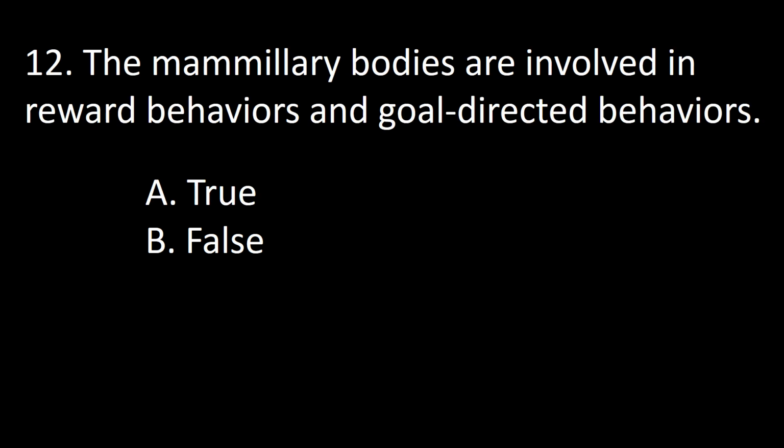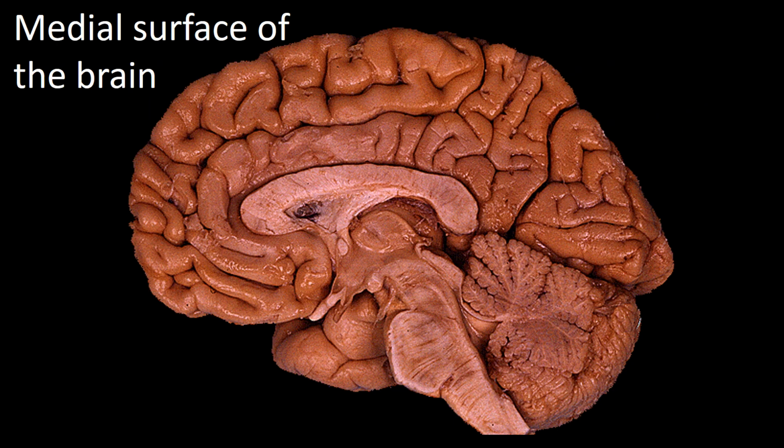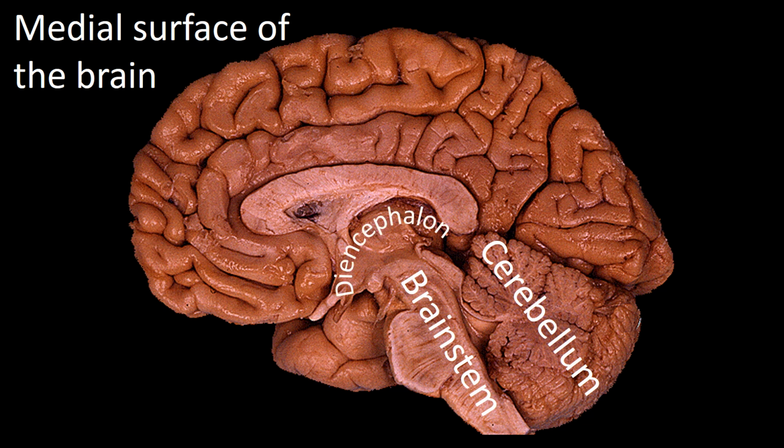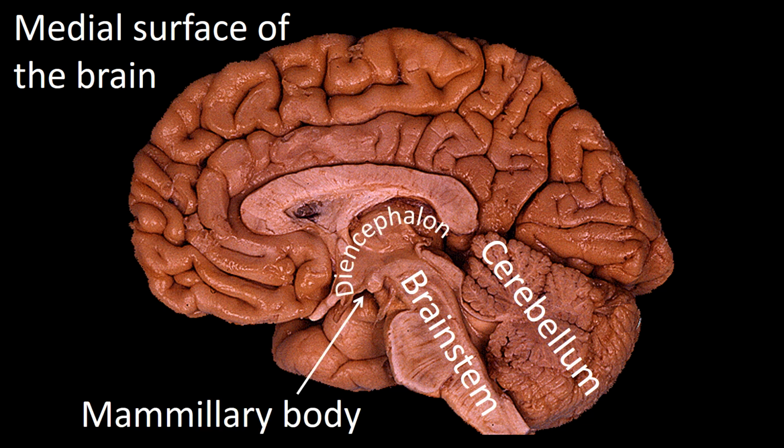Next question. The mammillary bodies are involved in reward behavior and goal-directed behavior. A, true, B, false. This is the mesial view of the brain. You can identify the brainstem, the cerebellum, the diencephalon, and a mammillary body.